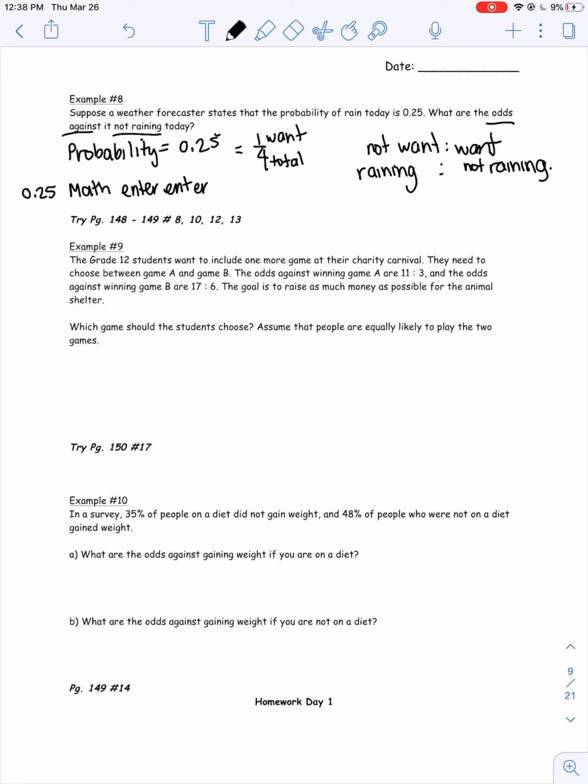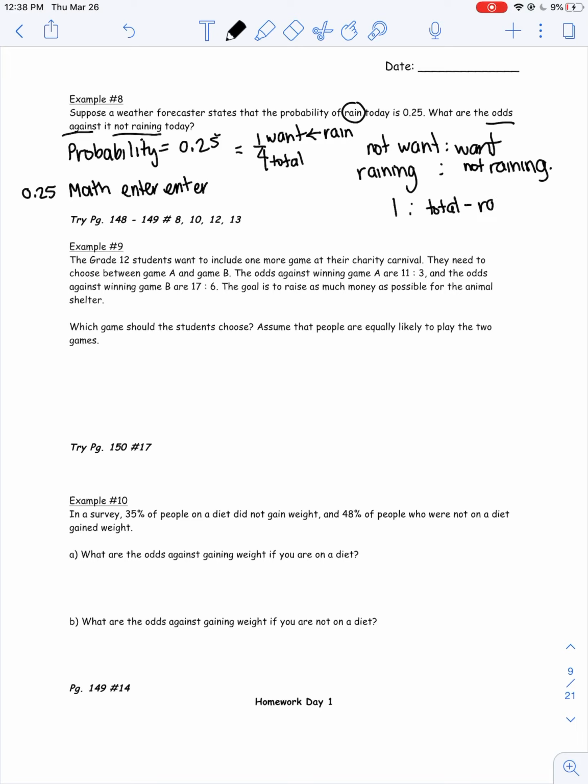And then our probability, if you look back, says the probability of rain today is 0.25. This want is rain because of the phrase probability of rain today. So the want statement, rain, is 1. We know that there is one chance that it's going to rain versus how many chances it's not going to rain.